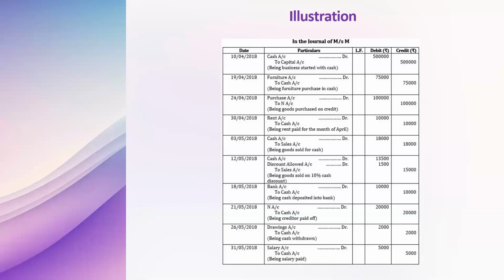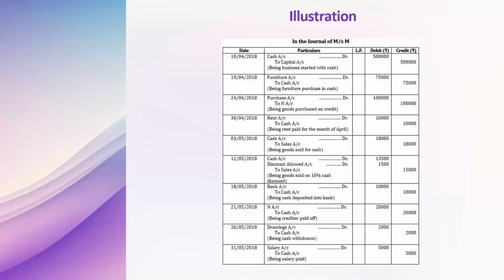We can see two more transactions. Received cash from Karim, 6,000. Cash will be debit.